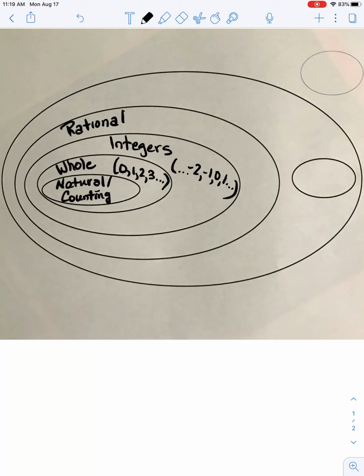You can have a fifth. Anything that you can describe with a fraction where the denominator is not 0 is called a rational number. Okay, included in there are decimals as well. Decimals that end or decimals that repeat. And we'll talk about that a little later.